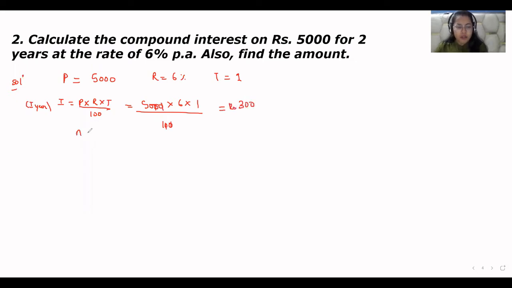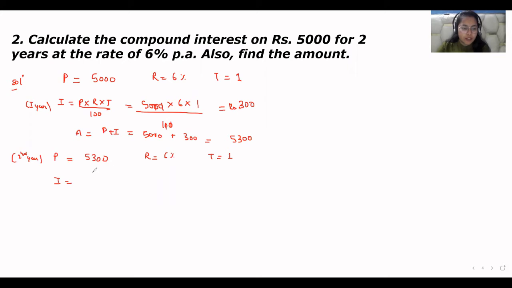So what will be our amount? Our amount is principal plus interest. Principal is 5000 and our interest is 300, so our amount is 5300. And for the next year, our amount becomes the principal. So for the second year, our principal is 5300, rate is 6% and time for the second year, the entire year, is 1 year. So interest is P times R times T over 100.